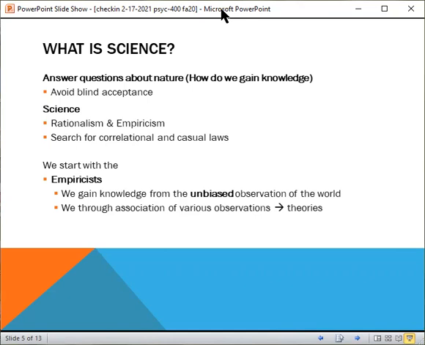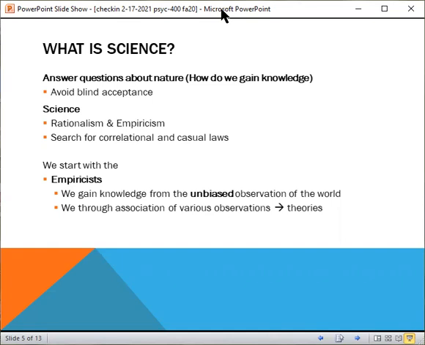So let's talk about where it sort of started and how we started talking about this particular topic with the textbook. So we start with the empiricists. So the empiricists, they believed the only way for us to truly gain knowledge, and that would mean to do science, was to gain knowledge from the unbiased observation of the world.